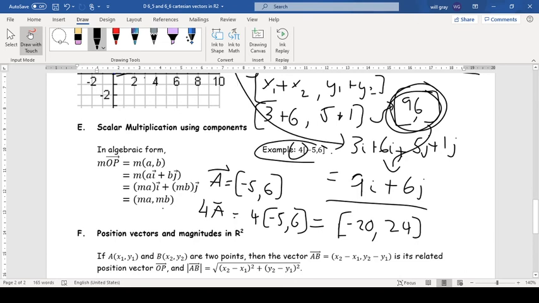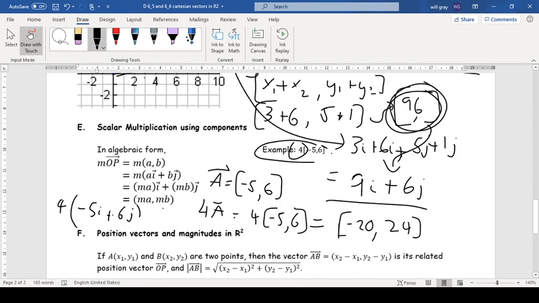And if you were going to do that same process using the standard basis units, you could do 4 times the bracket of negative 5i plus 6j, and then just distribute the 4 in.